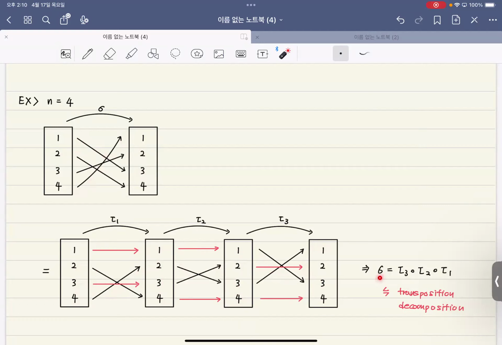So I can say sigma is the composition of tau 3 of tau 2 of tau 1 in this order. So this is possible. Writing any permutation as a composition of transpositions, I will from now on call a transposition decomposition.